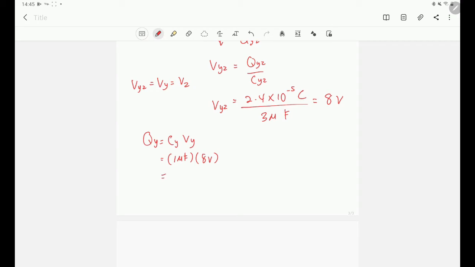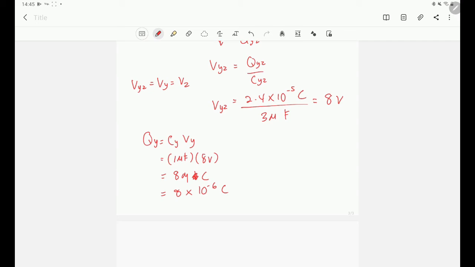So for Qy we get 8 microcoulomb, or sorry, not farad, coulomb, or 8 times 10 to the power negative 6 coulomb.